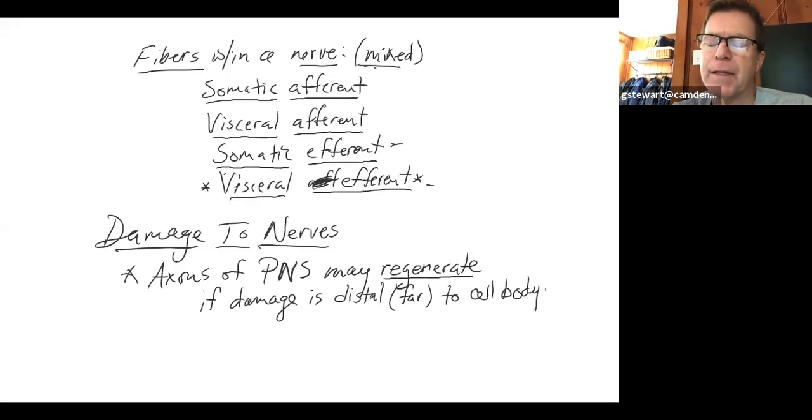It also depends on the degree of damage, the degree of injury. So really quickly, if here's the cell body, and this is an axon of a nerve, I'm going to draw it bigger.